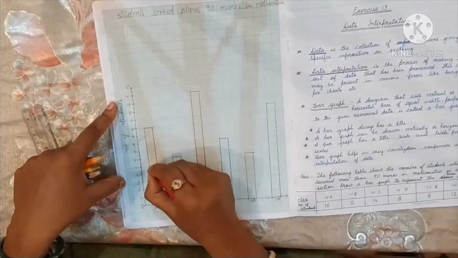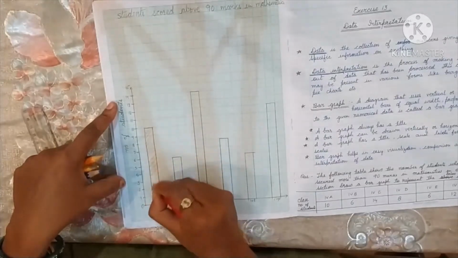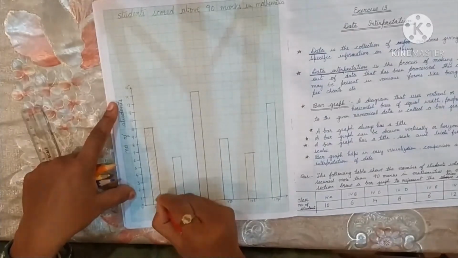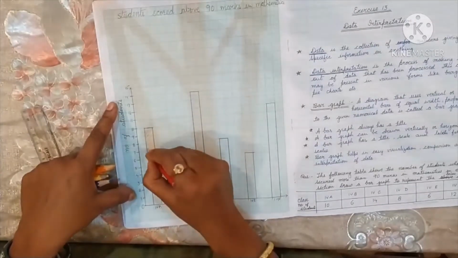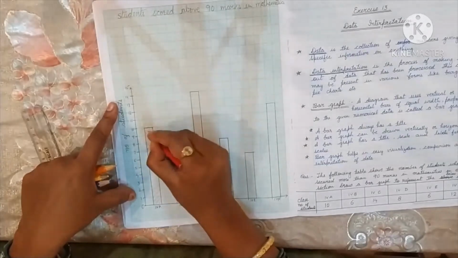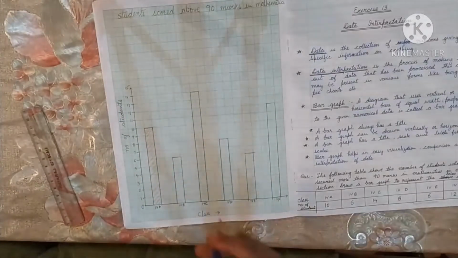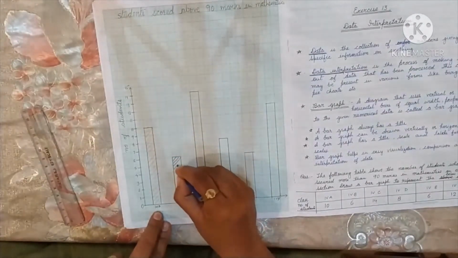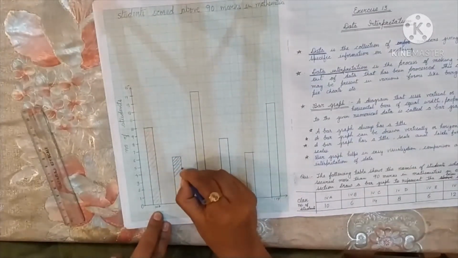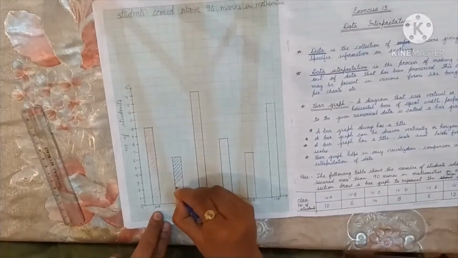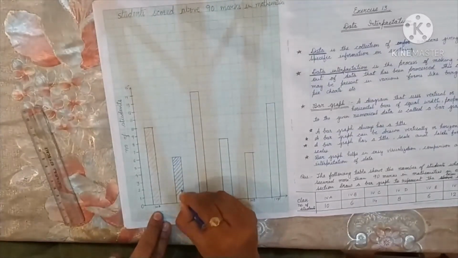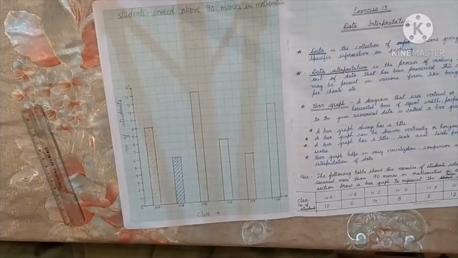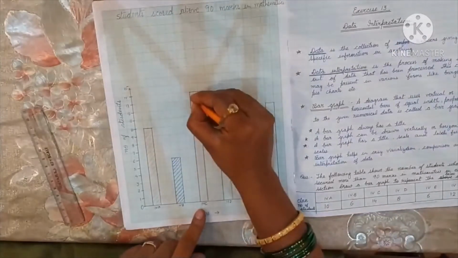Then for 4th B, I am taking blue color. You can take any color, but make sure every section is represented by a different color. Then next is 4th C, I am taking orange color.